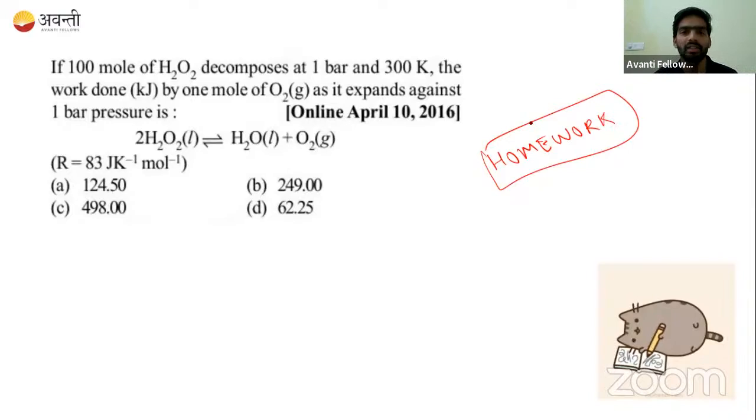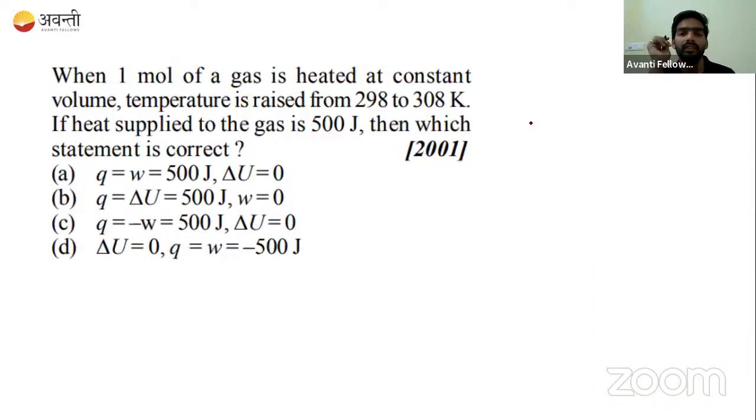Now we are going to the next question, a 2001 NEET question. What does the question say? When 1 mole of a gas is heated at a constant volume. We have to read word by word and separate the words. First of all, underline the 1 mole of a gas.